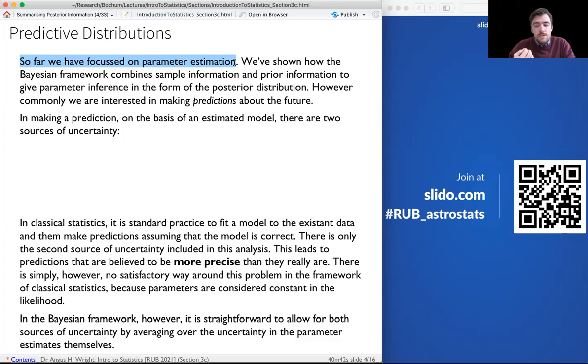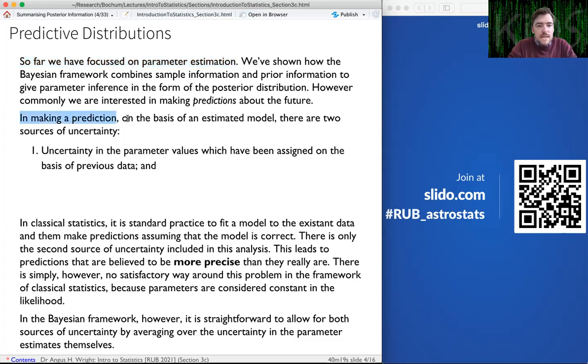So within our Bayesian framework, we can utilize the models and the parameter estimates that we make via the posterior distribution to create predicted values of the data should we take more data in the future.